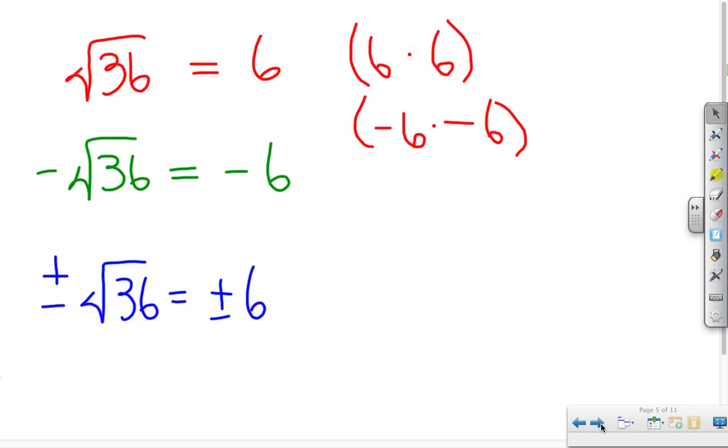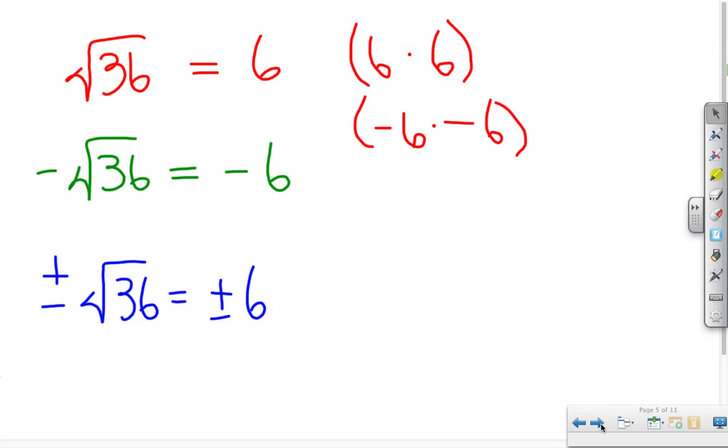All right, now here's some exceptions or some different ways that we can write the square root of 36. Because 6 times 6 gives us 36, and negative 6 times negative 6 gives us 36, it's hard to tell if I just put the square root of 36 whether I want the negative or the positive answer, because it could be both.